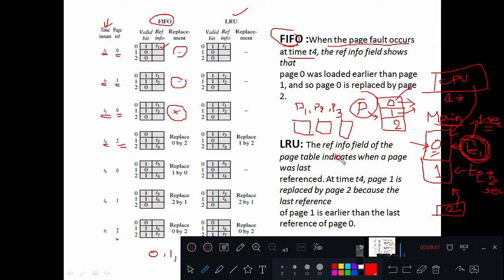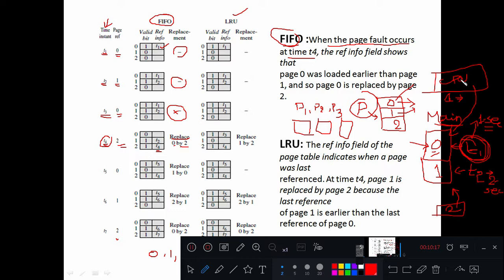So now the page replacement, page fault occurs. I need to replace page 0 by page 2, at time T4. That information is again entered in reference information, right? So page 0 is going to be replaced by page 2, and its valid bit is made high.